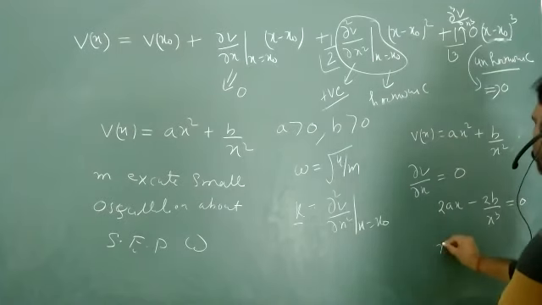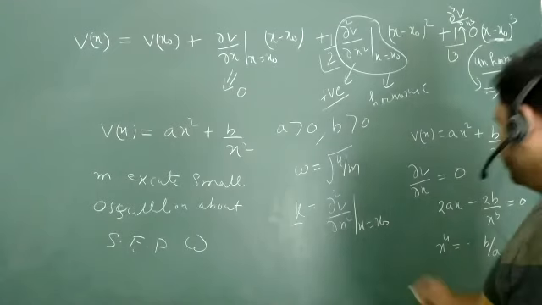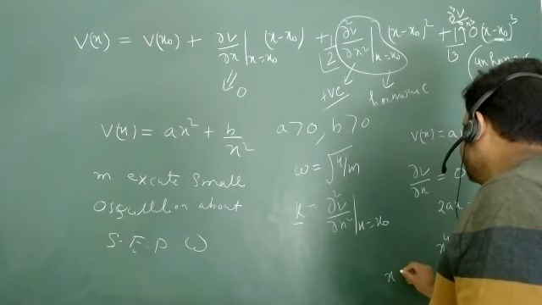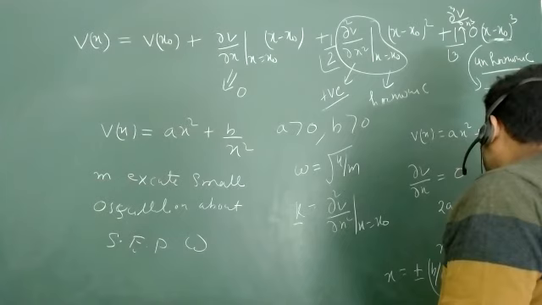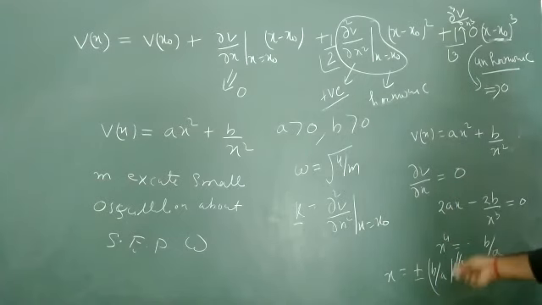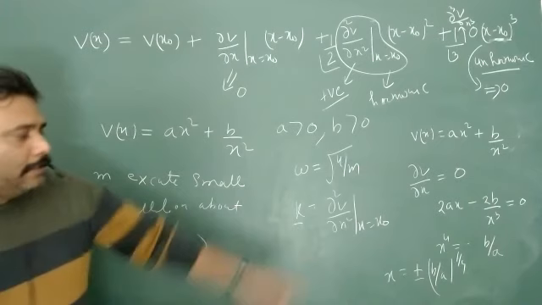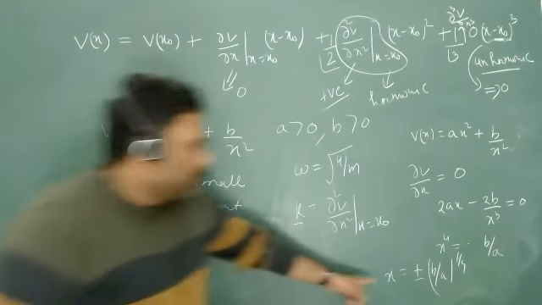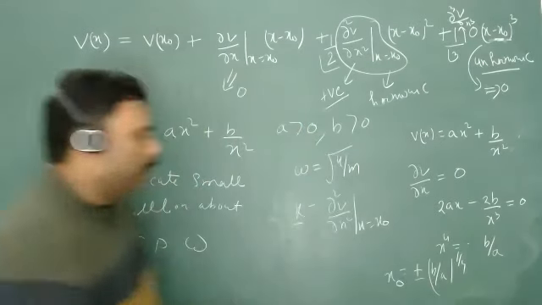So x^4 is equal to b by a, and I can calculate x is equal to plus minus (b upon a) to the power 1 by 4. Obviously there are 4 roots, 2 roots are real, 2 are imaginary, so we can neglect the imaginary roots, because we have to talk only about the real root. This is x plus minus (b upon a)^(1/4), and this is my x naught actually.